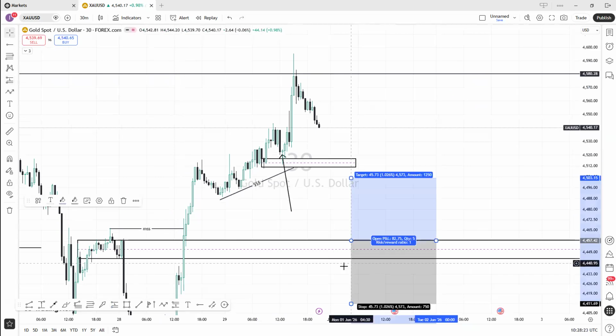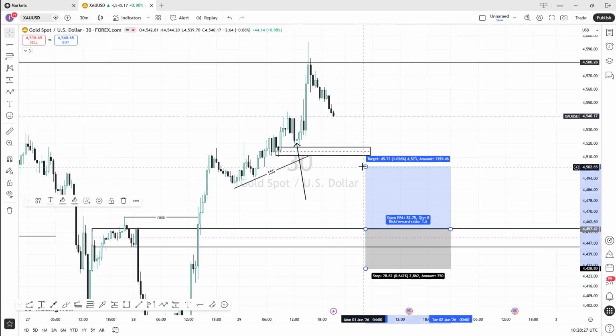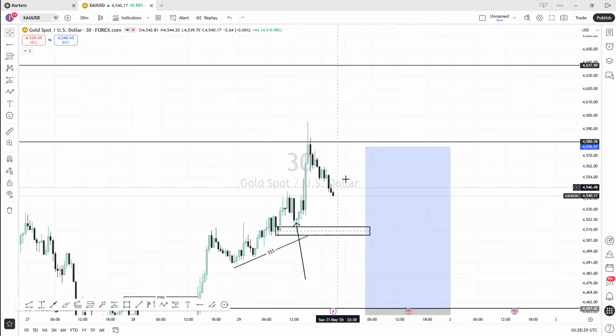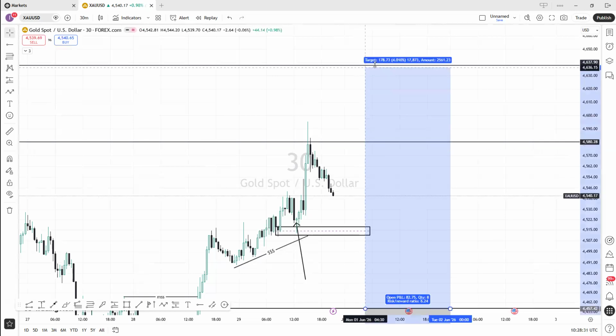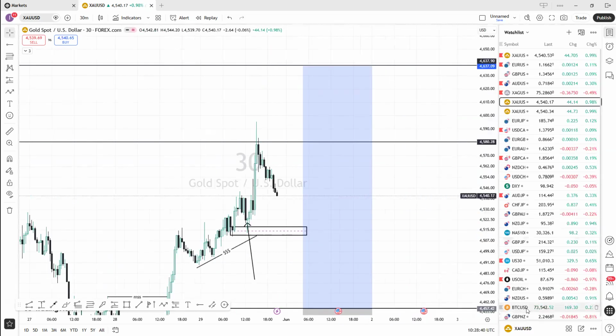And our target, we target this resistance area. Very clear and very simple.